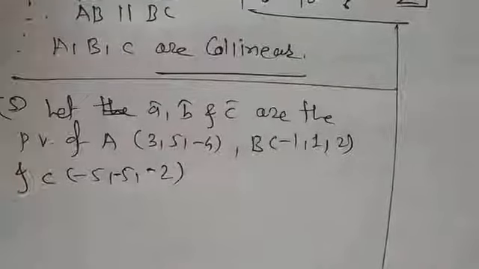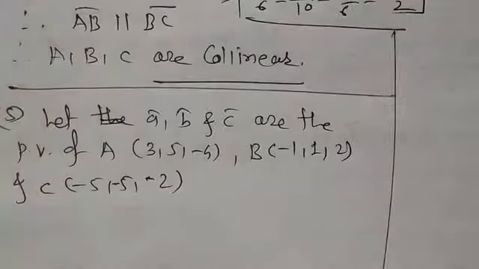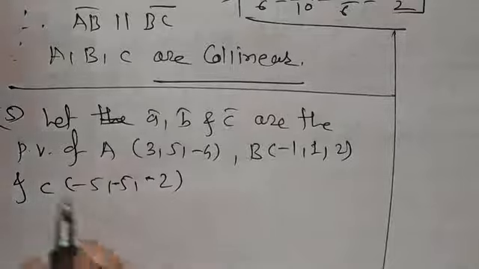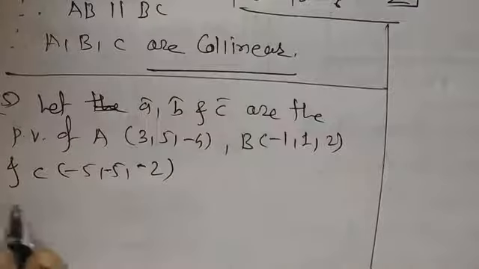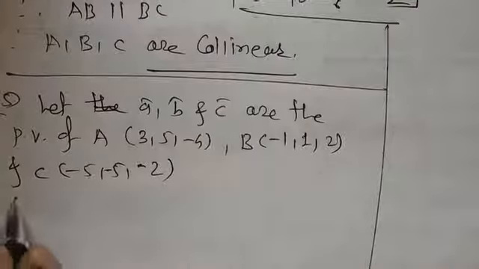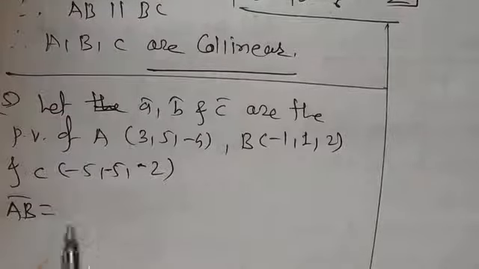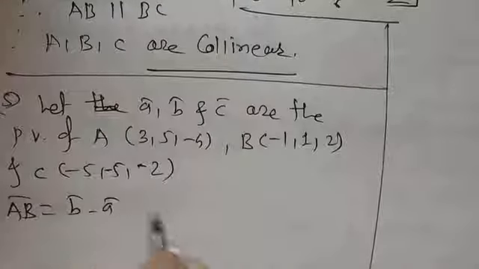So let A, B, C be the position vectors of point A, point B and point C. Then AB bar is equal to what? Again subtraction. You can write here AB bar is equal to B bar minus A bar. Just do it.